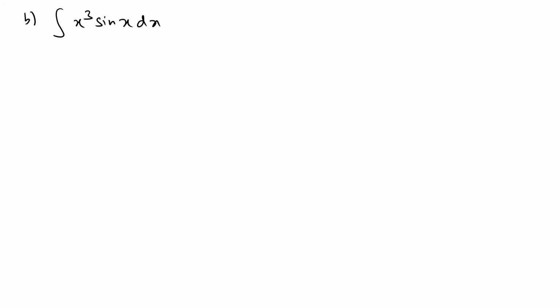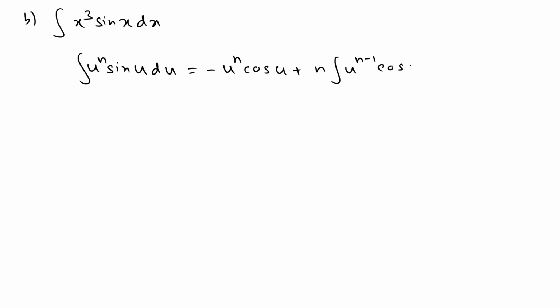There's a formula for the integral of u to the n sine u du, which equals negative u to the n cosine u plus n times the integral of u to the n minus 1 cosine u du.